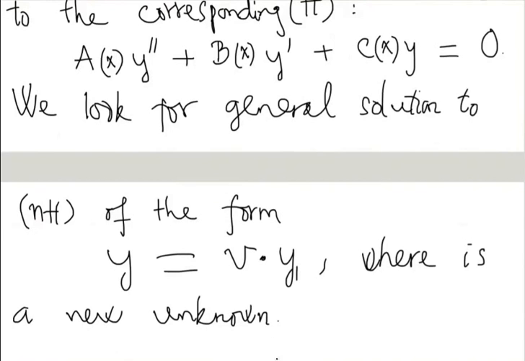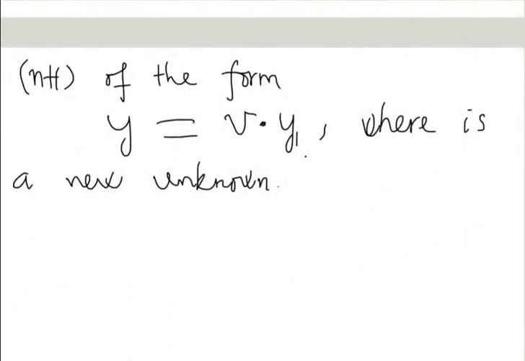So we introduce a new unknown v, and we look for a general solution of the form y = v y1. Our job now is to find v, and once we know v, we multiply by y1, then we get the solution that we're looking for.